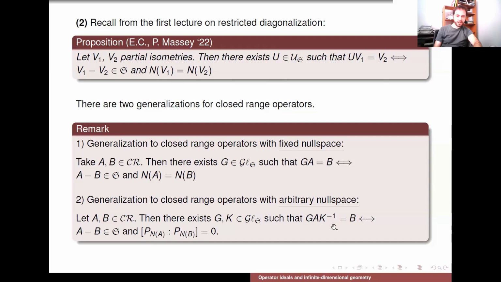This is the action here with the invertible restricted group. So now the null spaces are changing, and the equivalent condition to a closed range operator having this form is given in terms now of the index between these projections onto the null spaces.